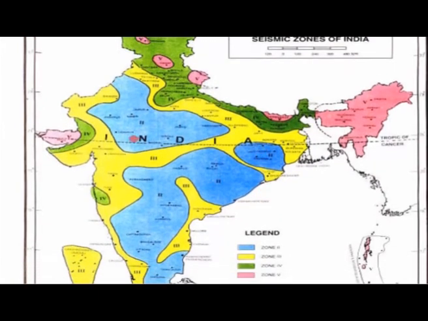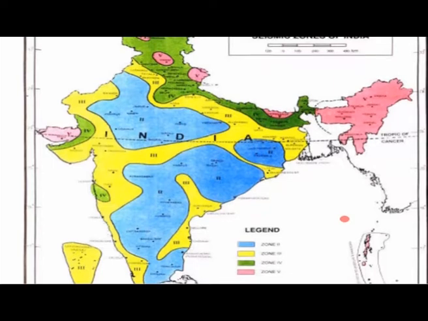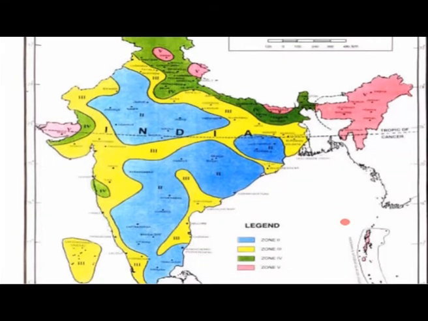Then the major ones are zone 2 and zone 3, and the remaining ones are zone 4. Earlier you had 5 zones, but now zone 1 and zone 2 are merged, and we have 4 zones. For each zone we have to find the characteristics, and we shall get them from this code.